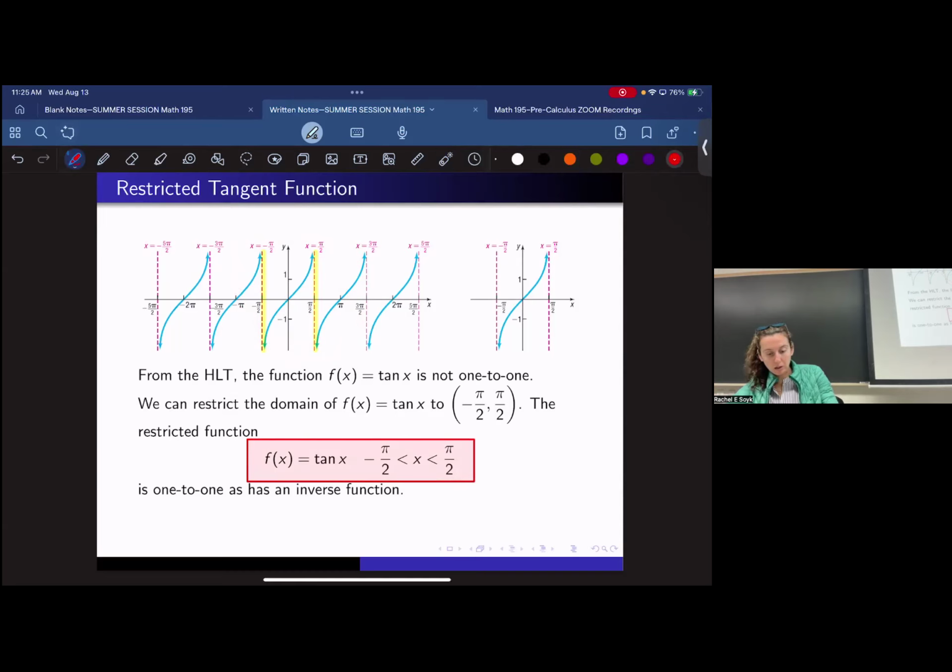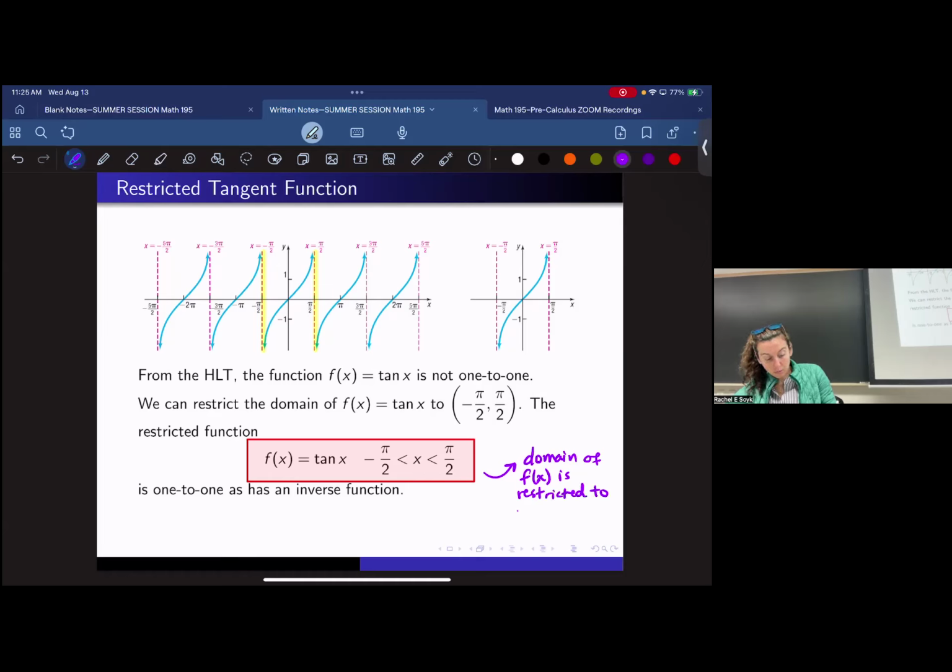And I'll once again write off to the side. All right, so a domain of f of x is restricted to negative pi over 2 to pi over 2.